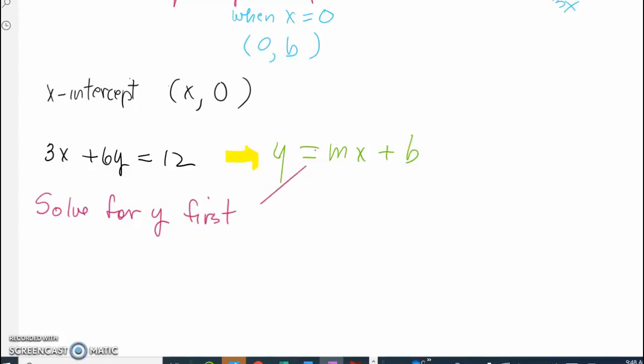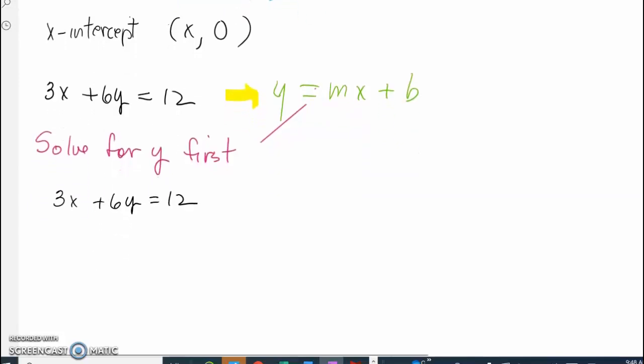Okay, so let me start again with 3x plus 6y equals 12. And I want to solve for y, which means I want to remove this term on the left here. So I'm going to subtract 3x from this side and also subtract 3x from the right side.